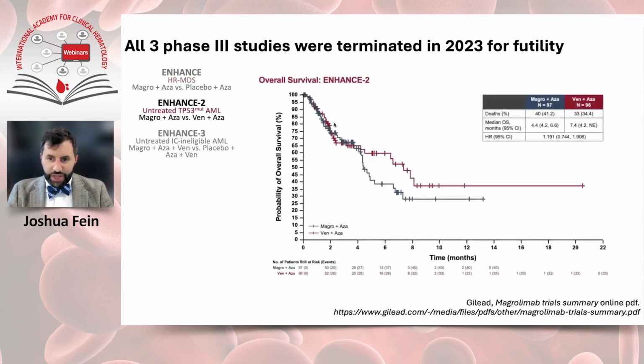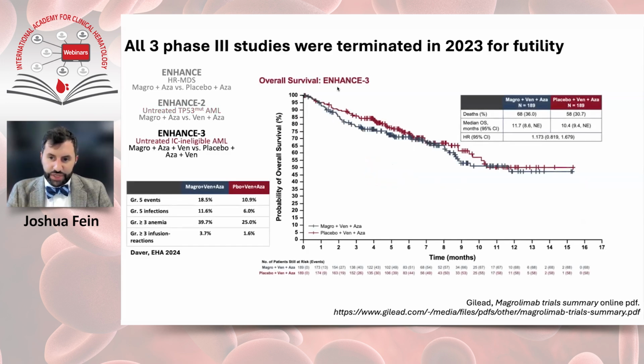Looking then at the enhanced 2 study, again, that same picture of a numeric increase in deaths on the magrolimab arm of the study. Median overall survival was shorter on the magrolimab plus AZA arm, and for that reason, this was considered a futile study.